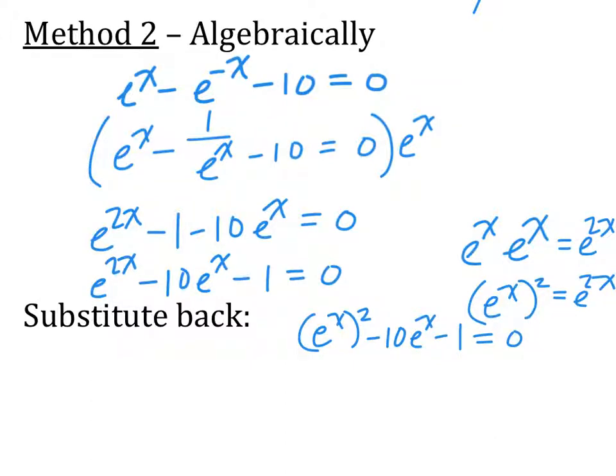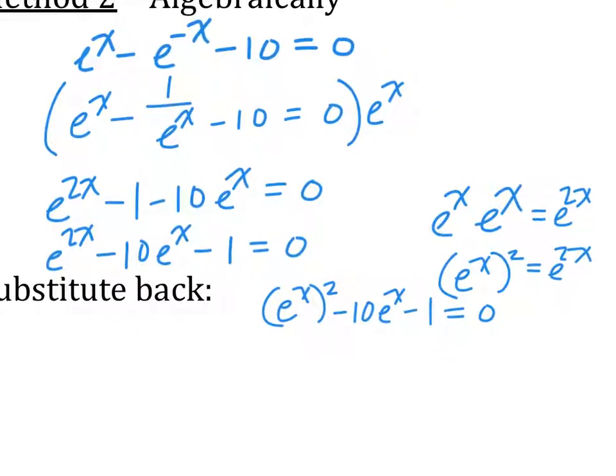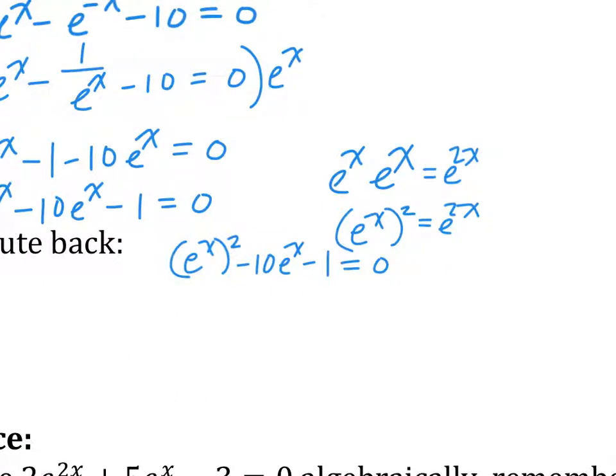We're going to remember Algebra 2. We had this section about substitution. When we don't know how to solve something, we can use substitution. If we let a equal e to the x, we can say this is a squared minus 10a minus 1. e to the x is just a in this case.